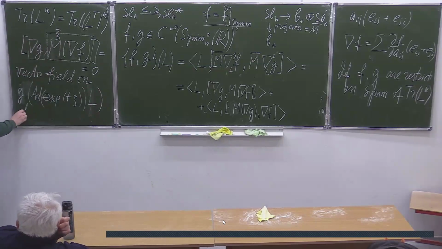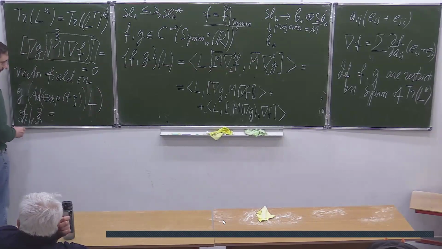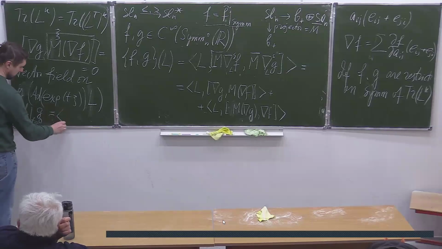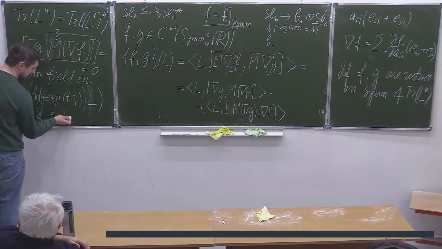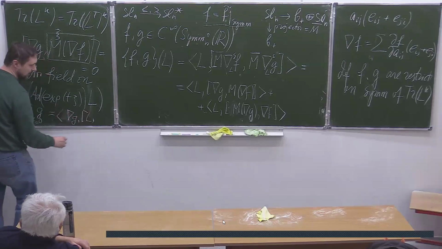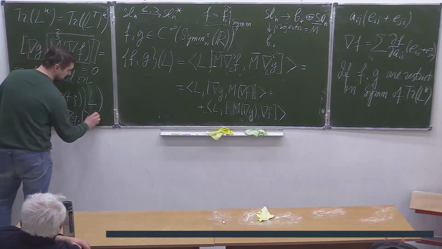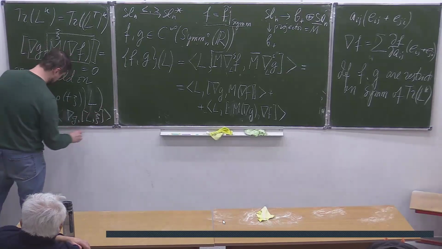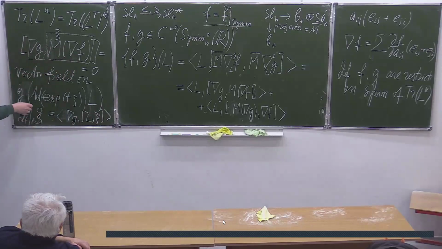Then d dt at t equal to 0 of g will be equal to nabla G L, this vector psi, on one hand. So this is 0, of course, because G is invariant with respect to the adjoint action, right?